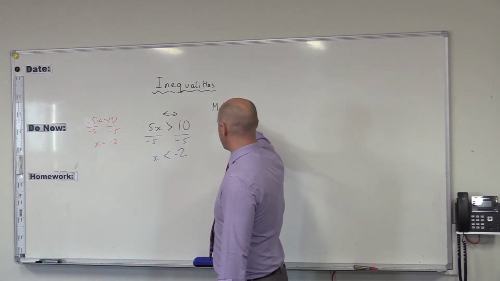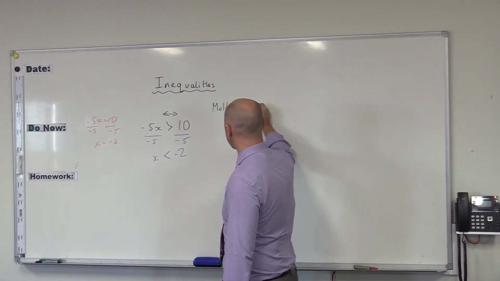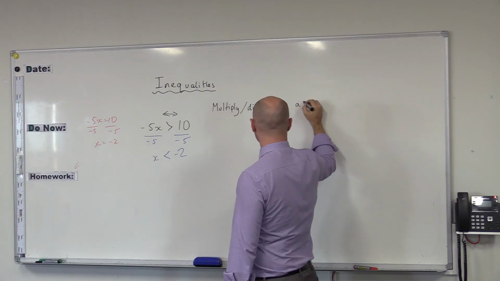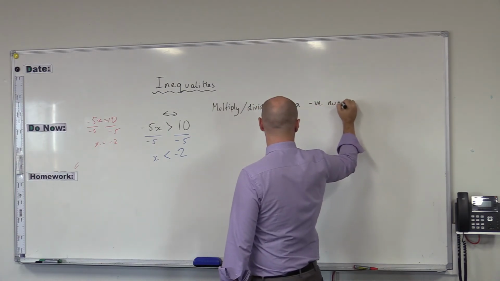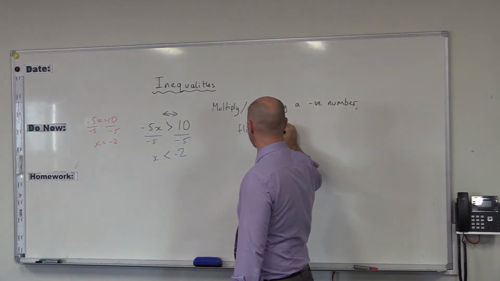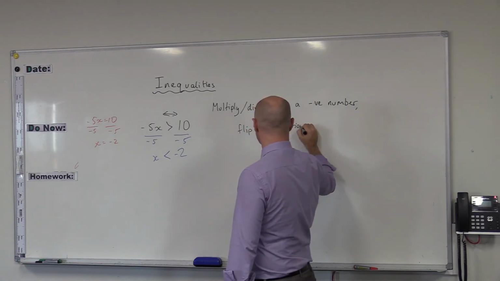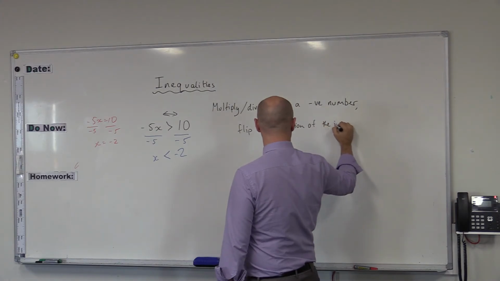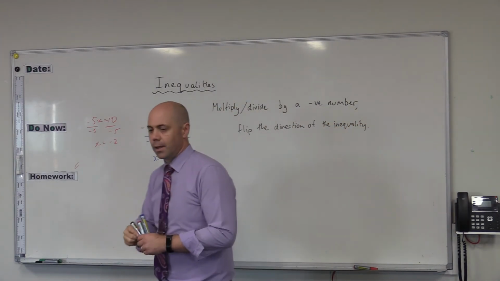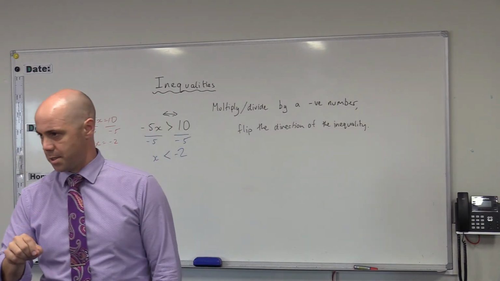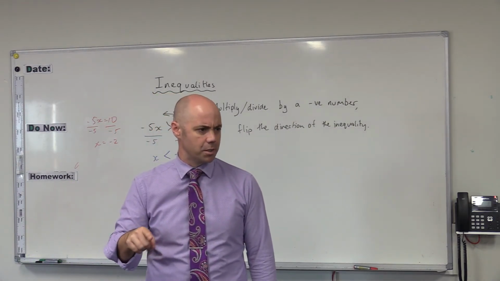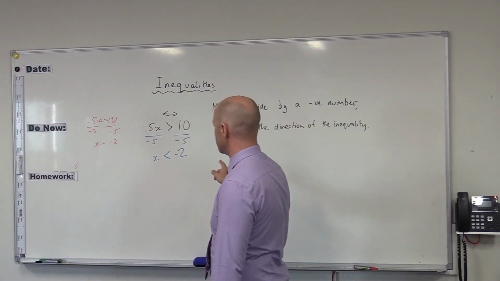When you multiply or divide by a negative number, you flip the direction of the inequality sign. That is the key take-home message from this lesson. Because everything else we've done is just very much the same as what you've been doing with equations. Okay, this is the key take-home message.